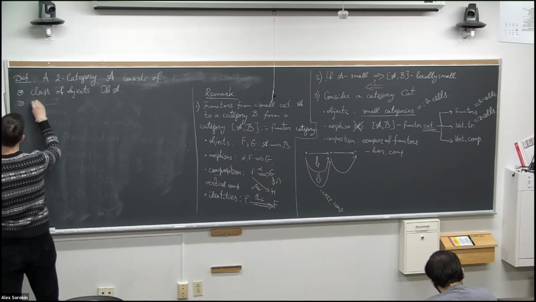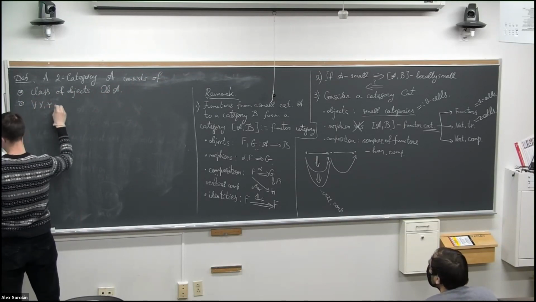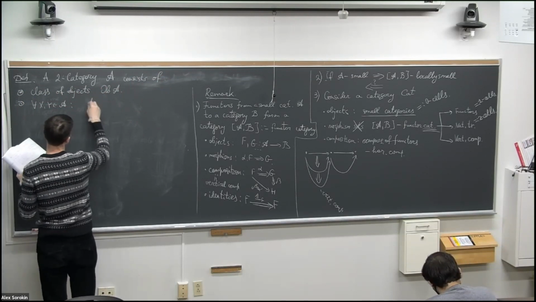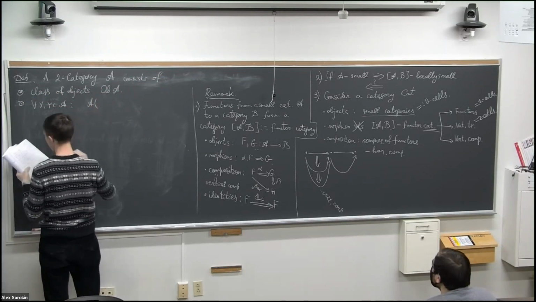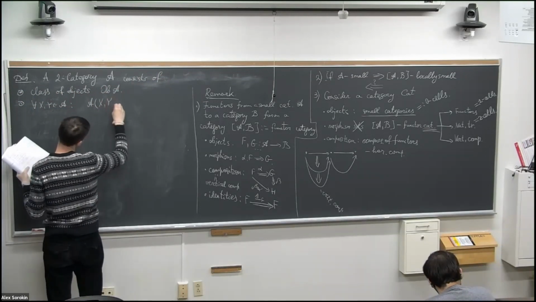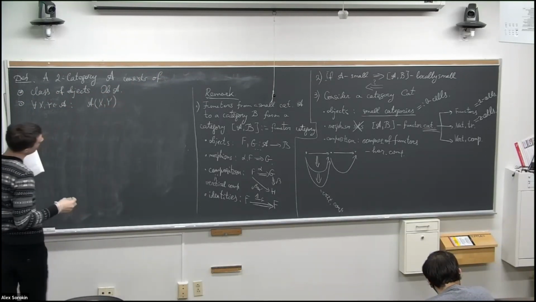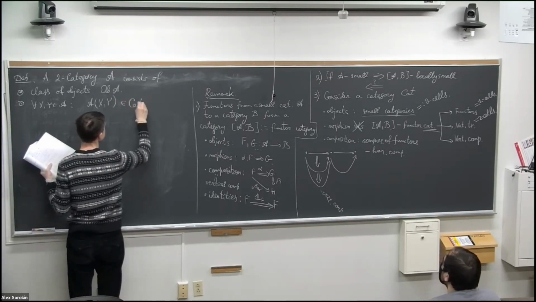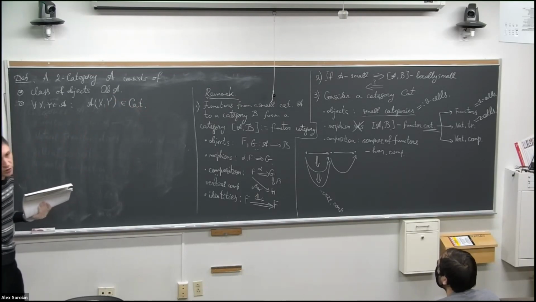For every pair x, y, morphisms from x to y form a category, a small category.